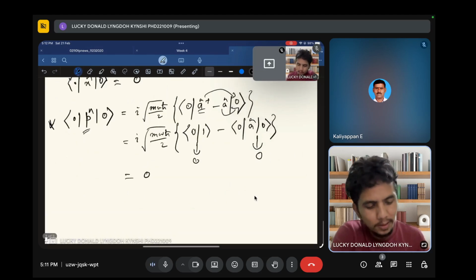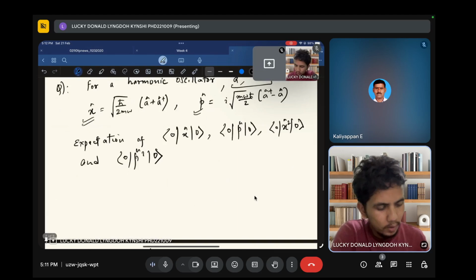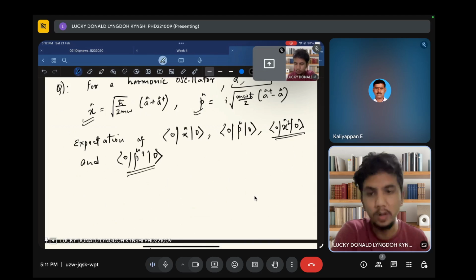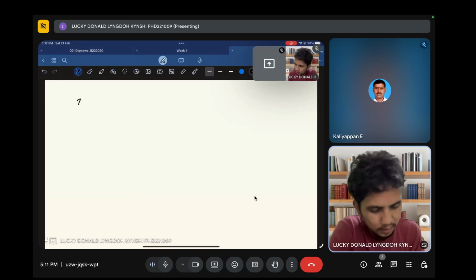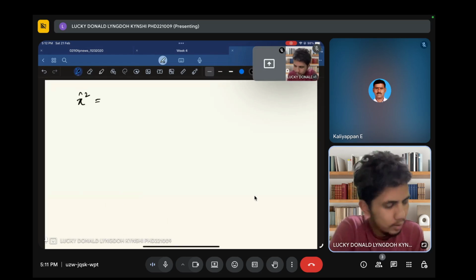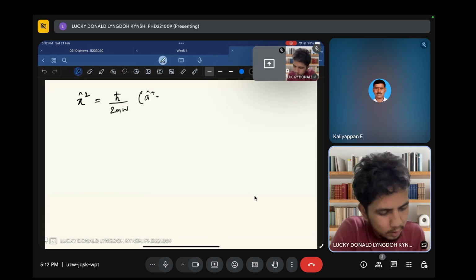But another question is asked: what is the expectation value of x square? Not simply x, but x square, and also p square. Here also what you need to do is the same thing. What is the value of x cap square now? It is simply x cap into x cap, which equals h cross by 2 m omega times (a cap dagger plus a cap) whole square.